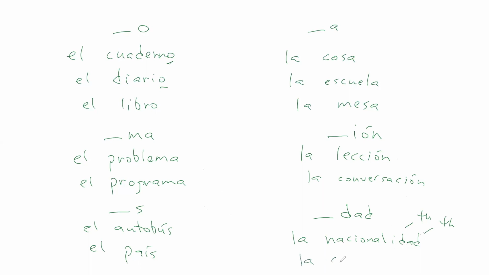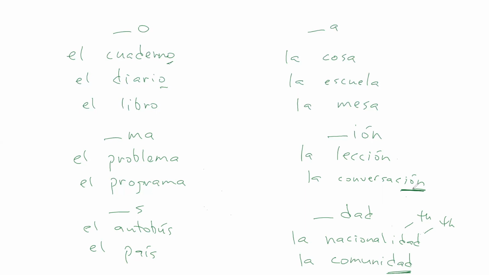Another example here. La comunidad. Okay, again, TH sound. La comunidad, feminine. So there's quite a few DAD words, feminine, also quite a few ION words. So those are big hints that they're feminine. Okay, so that's our introduction to nouns and articles, talking about masculine, feminine in Spanish.